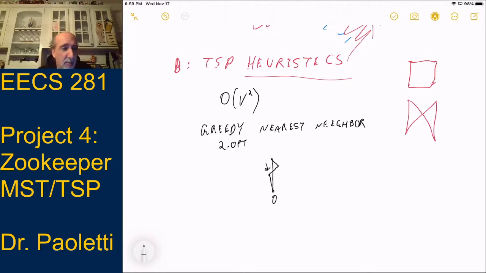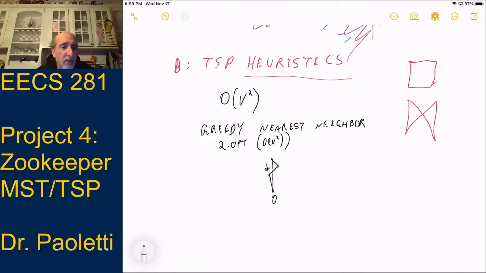But it's also got a demonstration of how 2opt works. So your choices are add 2opt, and make sure, again, if you do 2opt, it's got to be O of V squared. If you look up 2opt, many sources will show you a V cubed way to do it, and that's too long. So you've got to do it in V squared. So look at the tutorial, and also you can come to office hours.